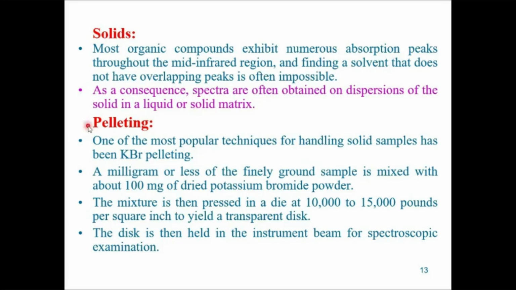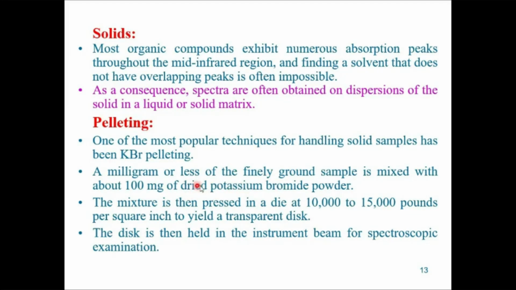Okay, there are many ways of preparing solid samples. First is pelleting. This is one of the most popular techniques of handling solid samples, and it involves pelleting with KBr. A milligram or even less of the finely ground sample is taken and mixed with approximately 100 milligrams of absolutely dry potassium bromide powder. Potassium bromide has a tendency to absorb moisture, so it should always be dried.